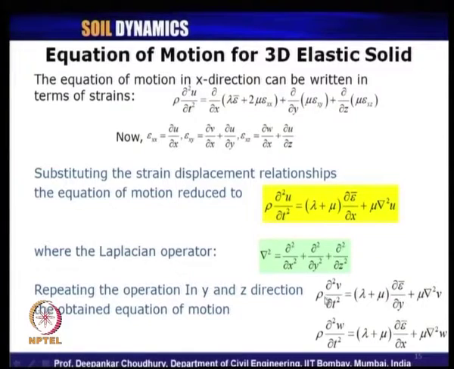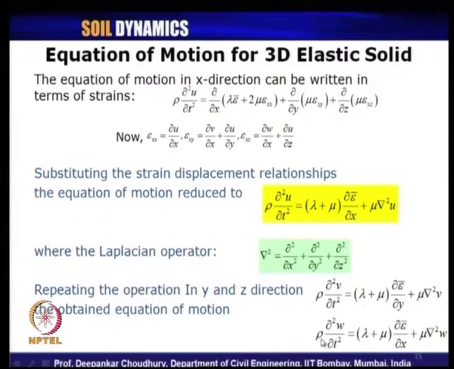In the y direction, it will be rho del 2 v by del t square equals lambda plus mu times del epsilon bar by del y plus mu times grad square v. So, now this operator, this second order partial differential, has to be executed with respect to v, because we are considering this equation for the y axis direction.